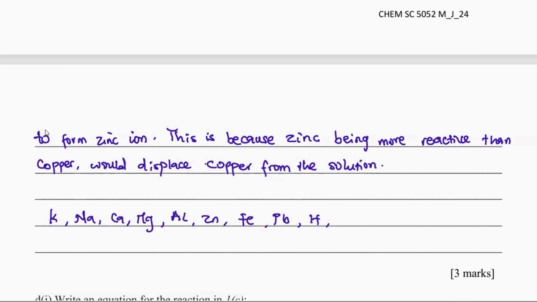Lead, hydrogen, copper, silver, and gold. You can see copper is far away compared to zinc. Zinc is in about the 6th position, compared to copper that is in the 10th position. So zinc will tend to displace copper in a displacement reaction.